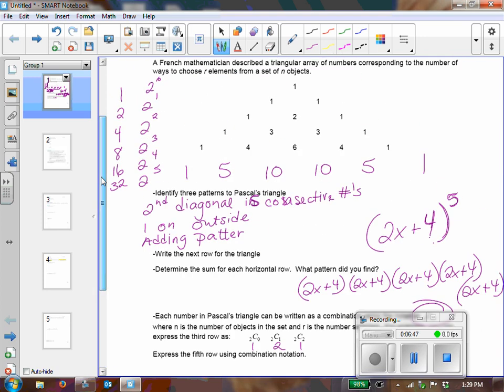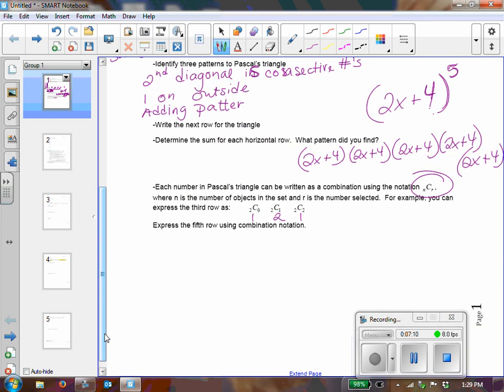That's row 1, row 2, row 3, row 4, row 5. How many terms are in there? 5. In the sixth row? 6 terms. So, express the fifth row using combinations.